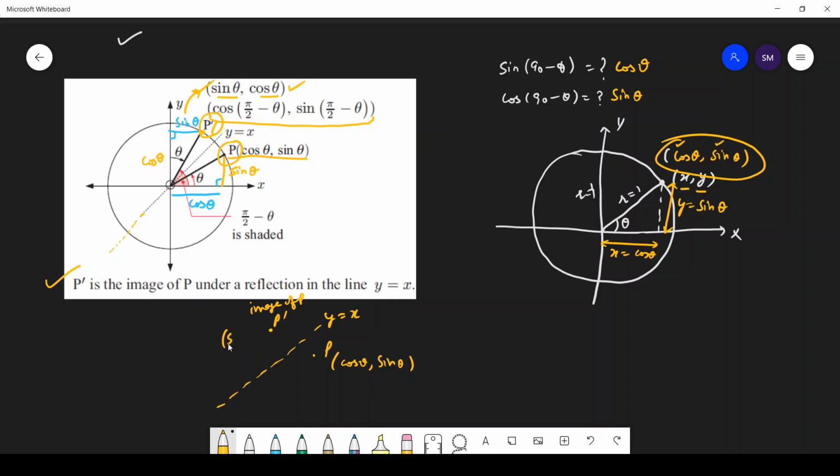So the coordinates of this will be sin theta, cos theta. This is the meaning of image under a reflection: the x and y coordinates are interchanged. I hope you have understood this.